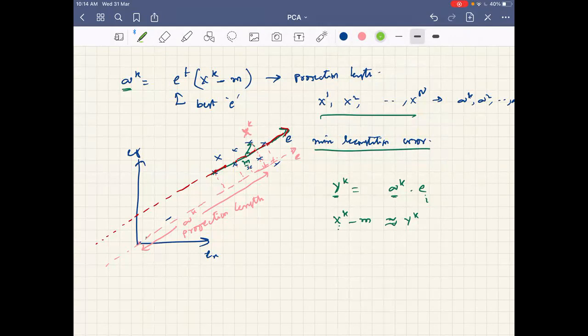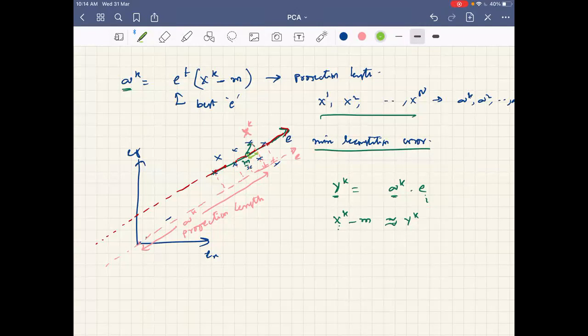No, the projection of M on the e-axis is how much? If I calculate from the origin, I will get some value, but I need the projection of xk only; I don't need the projection of M. M is the mean of all samples. The projection of xk, seen from the mean, will be the distance between the projection of M and the projection of xk.